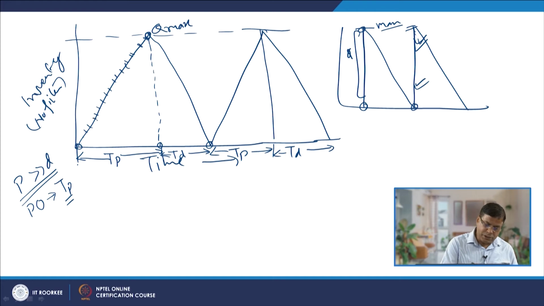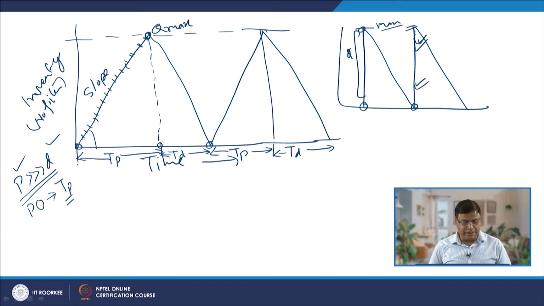This slope is positive, which indicates that there is a rise in the level of the inventory in the stock, and this rate of rise will be governed by the difference of the replenishment rate and the consumption rate. The slope of this line indicates the rate of rise in the inventory.